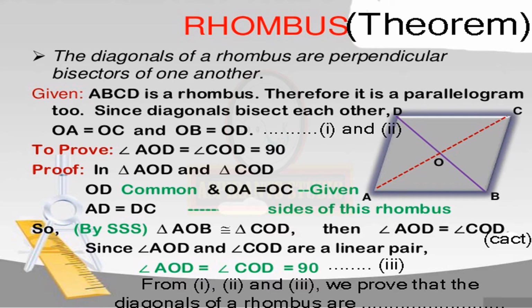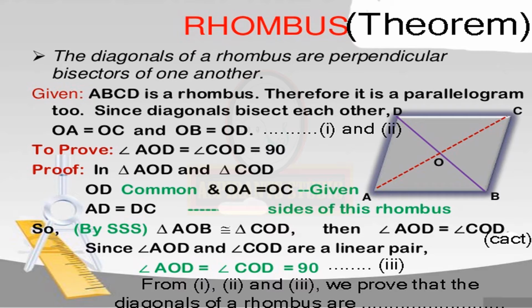But we have measure of angle AOD is equal to measure of angle COD, which we already proved. So, instead of measure of angle COD, you can substitute measure of angle AOD. So, you get measure of angle AOD plus measure of angle AOD is equal to 180 degrees. Therefore, 2 into measure of angle AOD is equal to 180 degrees.